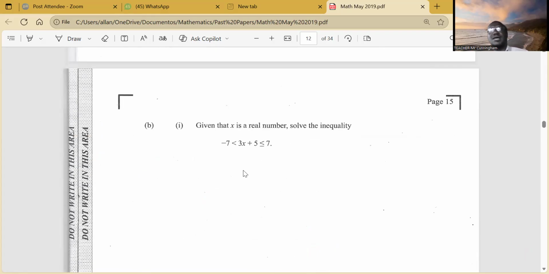The next question asks for -7 is less than this. I'm not going to try to do this yet. I'm going to look at inequalities for 10 minutes, and then I'm going to come back to this question.